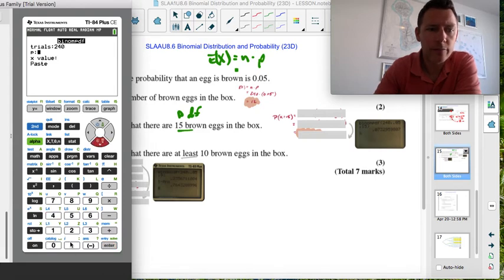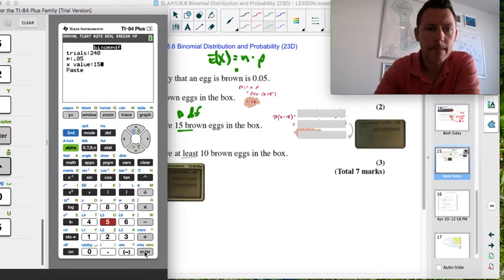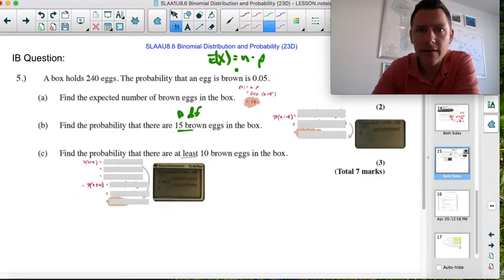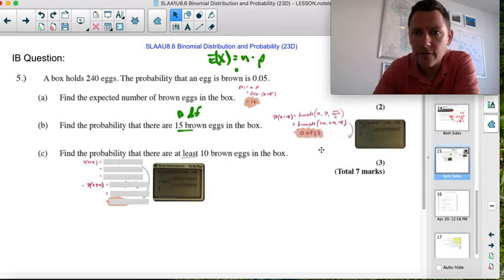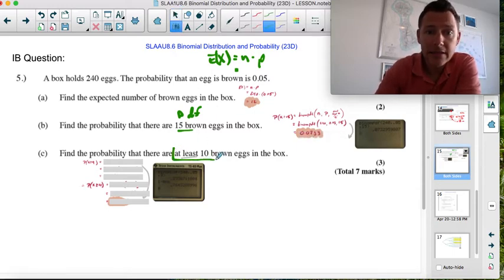The p-value is 0.05, and the x-value, I want exactly 15 brown eggs. We get 0.073.